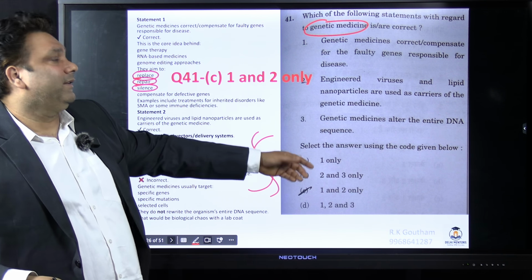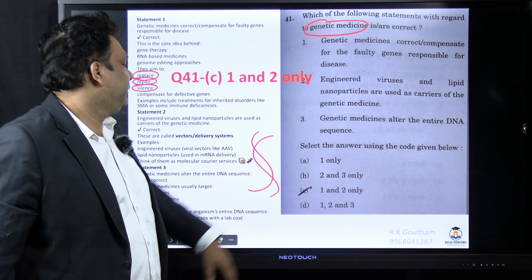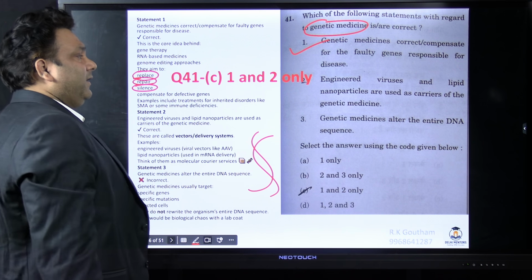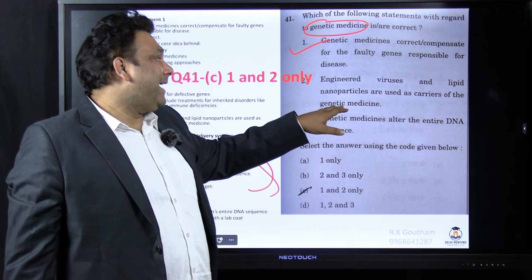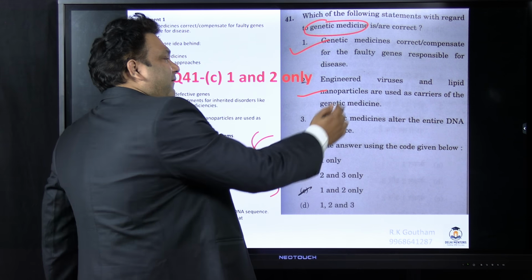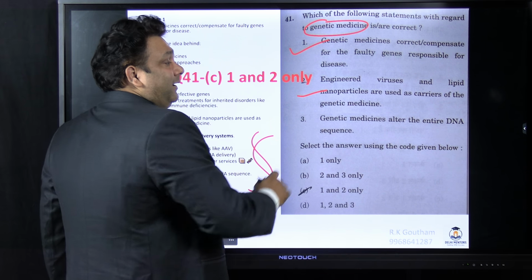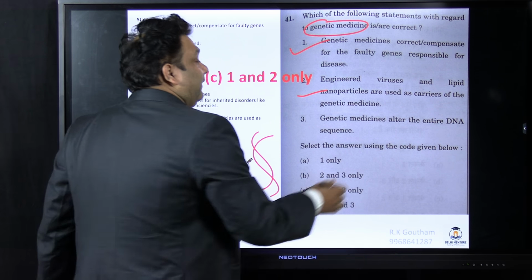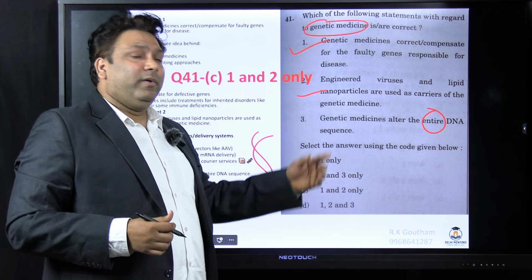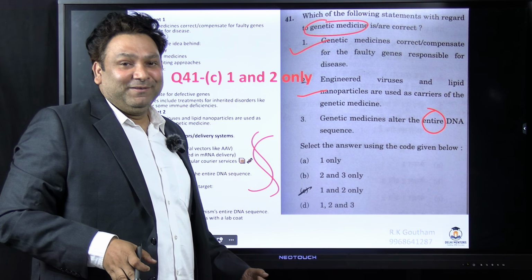Now let's see the statements here. So genetic medicines, okay, compensate for the faulty genes responsible for the disease. Okay, this is the right statement. So next one, engineered viruses and lipid nanoparticles are used as carriers of, okay, genetic medicine. Viruses are nothing but strains of DNA and RNA. So genetic medicines alter the entire DNA gene sequence. भाई थोड़ा बहुत डीएनए सीक्वेंस को तो चेंज कर सकते हैं. अब एंटायर डीएनए सीक्वेंस को चेंज करोगे ना, अगर वहां पे गड़बड़ हो गया, देन पूरा, ओके.